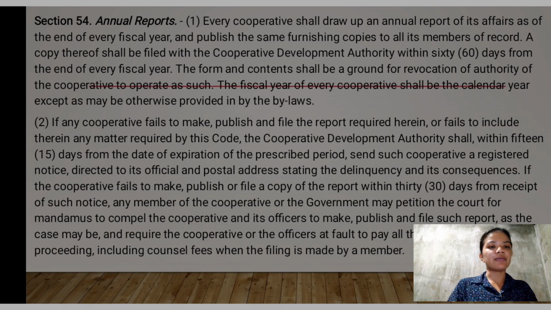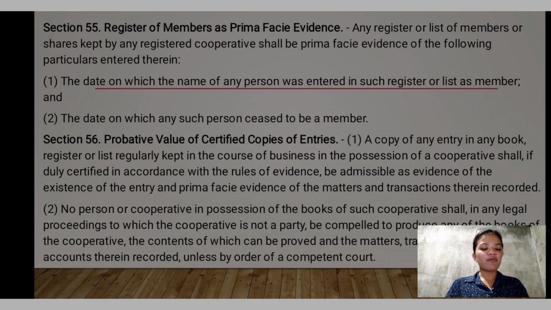In Section 55, it establishes the register of members or list of shares maintained by a cooperative as prima facie evidence.